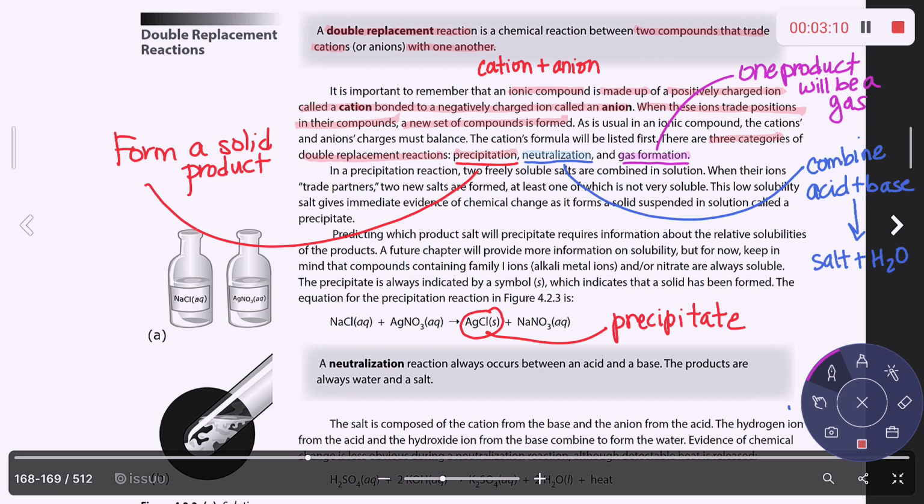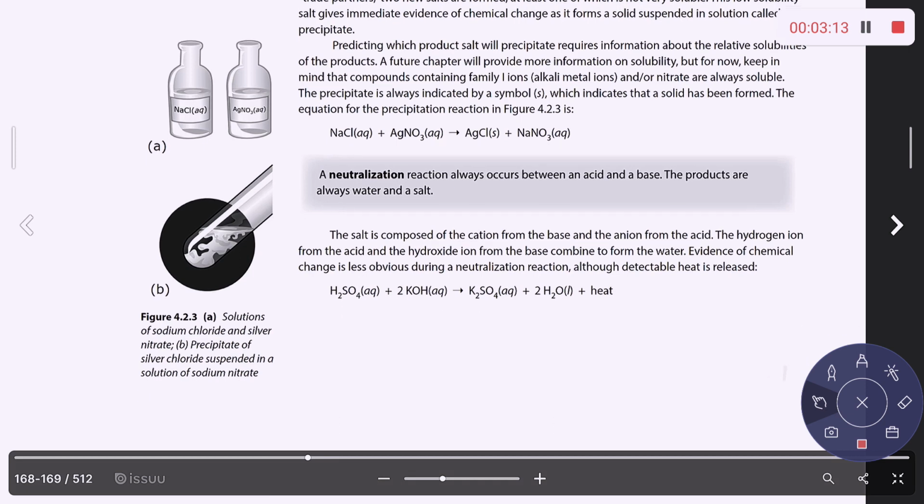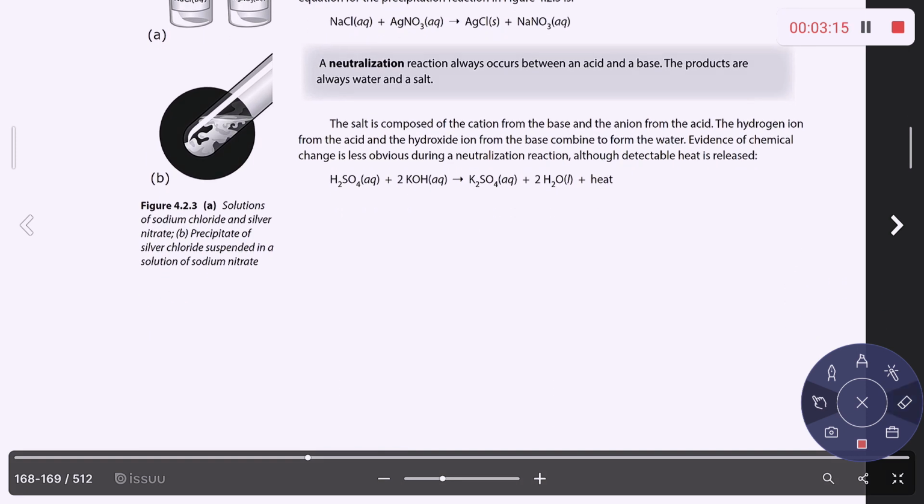We're good? Okay. Let's come down here. And this last reaction here that I want to mark up, what color did I do up above for the neutralization reaction? Blue? Okay. So this is a neutralization reaction here. So what they did here was they combined sulfuric acid, which is a strong acid, with potassium hydroxide, which is a base, and they made a salt.